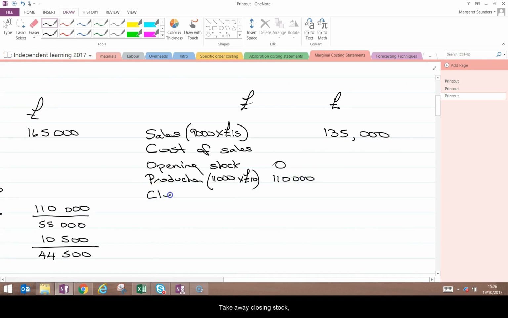Take away closing stock, and this time we do have a closing stock. We produced 11,000 units, but we only sold 9,000. So we have 2,000 units left, and we value them at the same figure as we used to value our production, and that was £10 a unit.